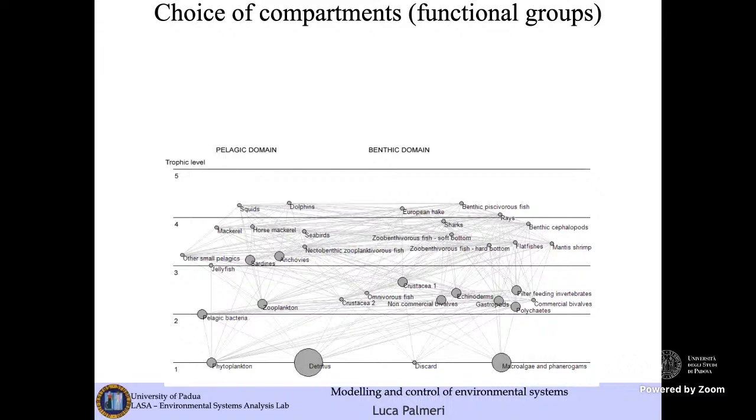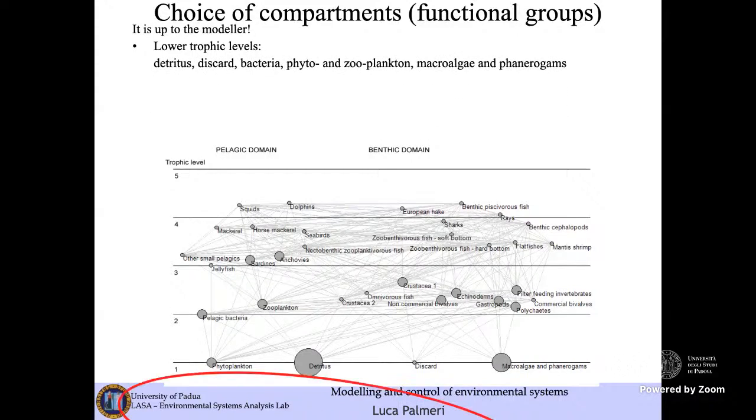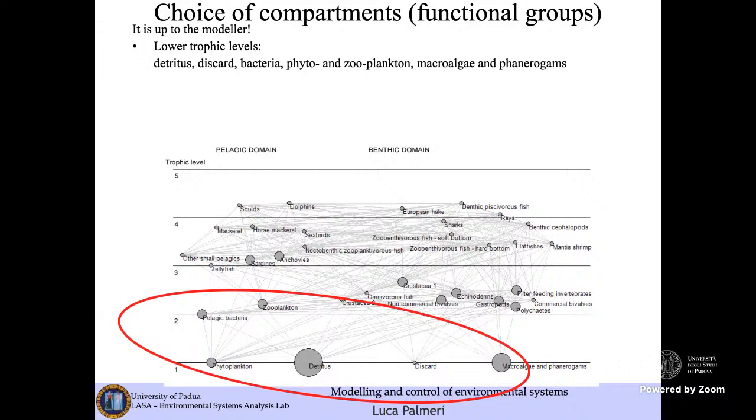After you insert all this information, EcoPath provides you with various ways of representing the results of a network, in particular as composition of the elements into various trophic levels: lower trophic levels, like detritus, discard, bacteria, and phytoplankton.